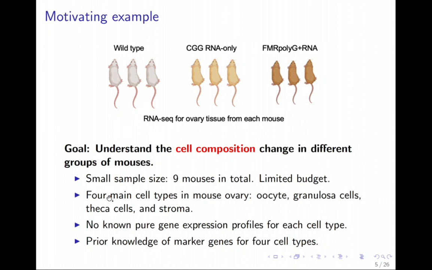The second feature is that from some prior knowledge, we know that there are 4 main cell types in mouse ovary, and we know what the marker genes are for each cell type. The marker genes means the genes that are only expressed in one cell type, but not in the others. The last feature is that there's no pure gene expression profile for each cell type, meaning that there's no reference panel for us to use in the deconvolution of those samples.